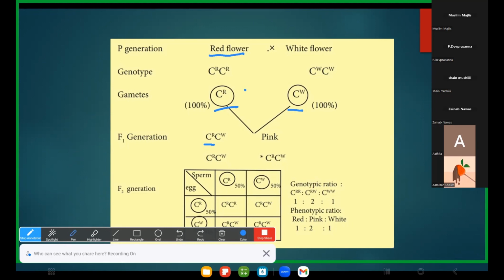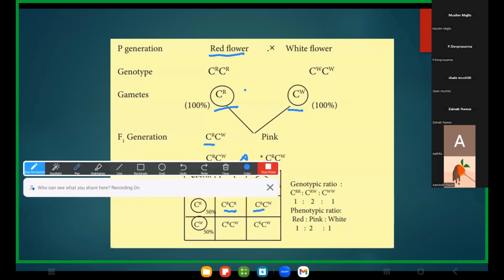When we cross two such F1 generation plants with each other, we get all three phenotypes: red flower color, this would be red, and this would be pink. Both of these would be pink, and this would be white.